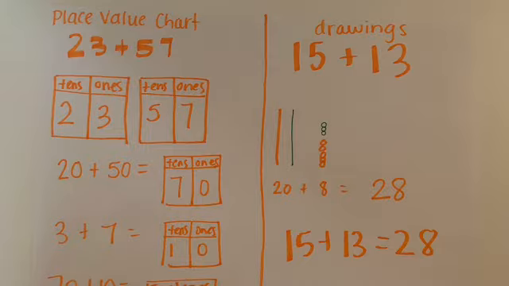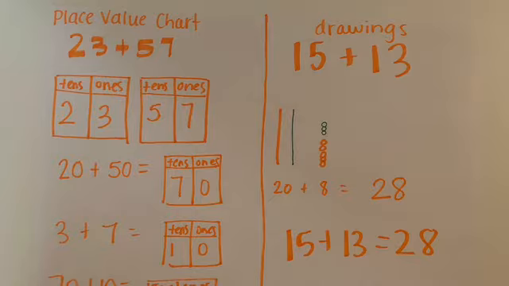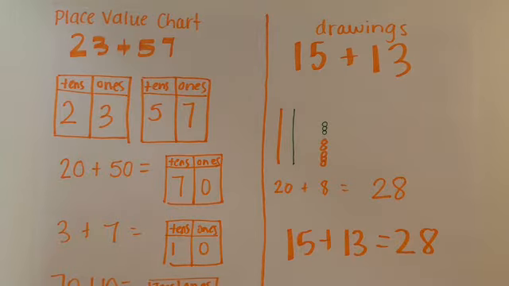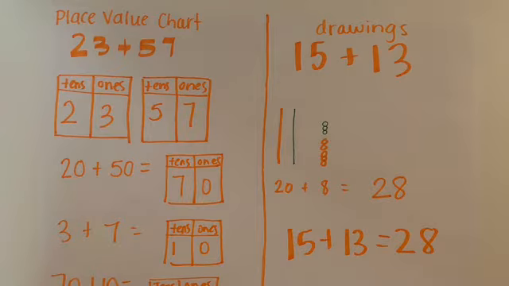If you take the two tens, 2 and 5, which we know are 20 and 50, and add those two together, we get the number 70. Then if we take the remaining ones, 3 and 7, when we add those together, that makes 10. When we take 70 and 10 and add them together, they make 80.